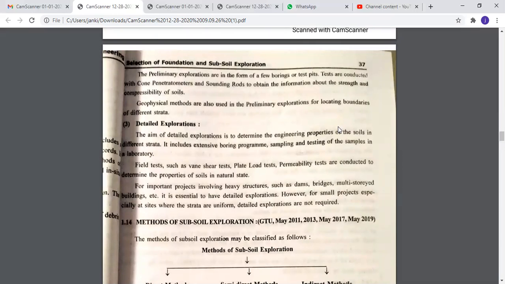For important projects involving heavy structures such as dams, bridges, multi-story buildings, etc., it is essential to have a detailed exploration. However, for small projects, especially at sites where the strata are uniform, detailed explorations are not required.